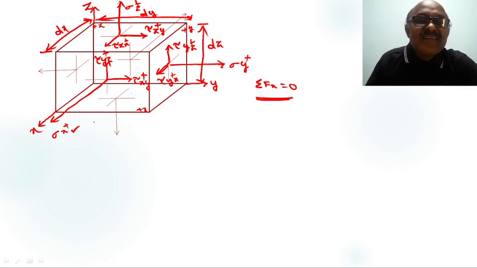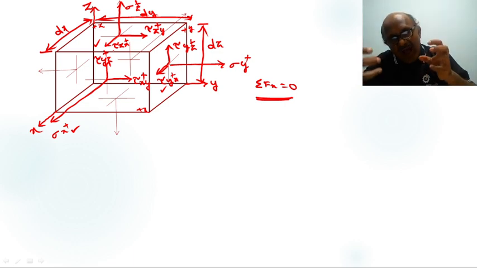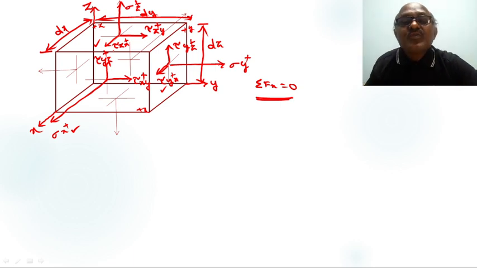We know the stresses acting in the x-axis direction. This one is a stress acting in the x-axis direction, this one, and this one. From this we find the forces, that is, the algebraic sum of forces on the positive face and negative face is equal to 0.